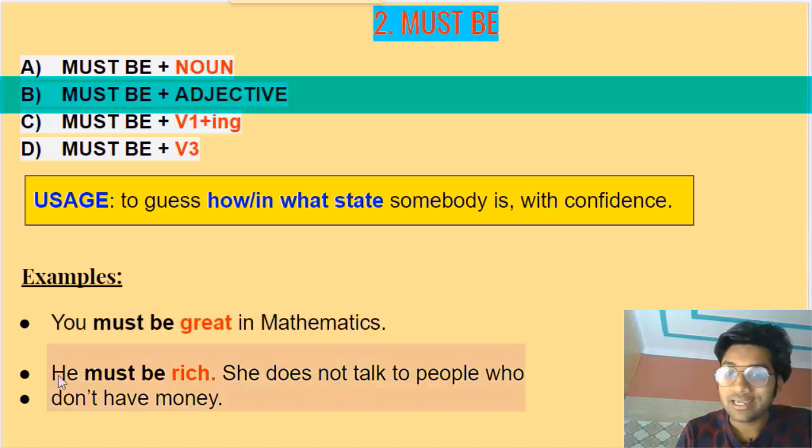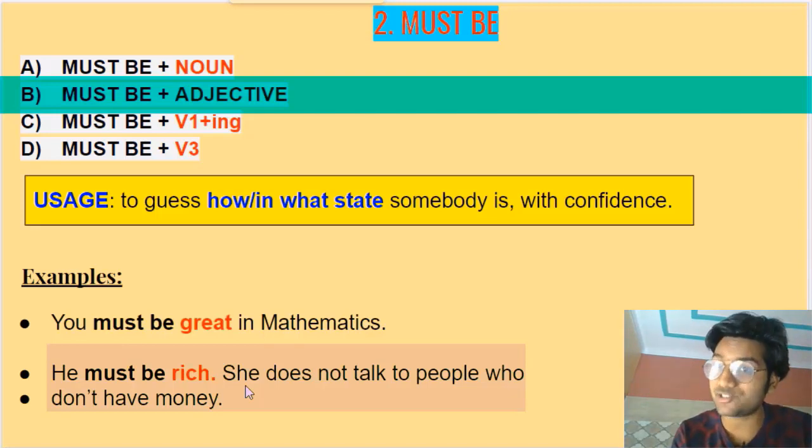Okay? He must be rich. She does not talk to people who don't have money. So I'm talking about Neha. We know about Neha that Neha does not talk to people who don't have money. And right now, she is seeing him, who is, let's say, Rahul. So we are guessing that he must have a lot of money.